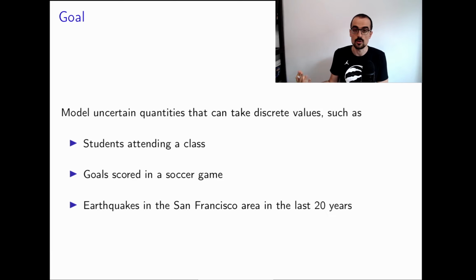Earthquakes in the San Francisco Bay Area in the last 20 years. Okay, so there could have been like 20 earthquakes, 113 earthquakes. I'm not an expert, so I don't know how many there were. But this is another uncertain quantity, especially if we want to predict maybe the earthquakes that will happen in the future, that also takes discrete values.